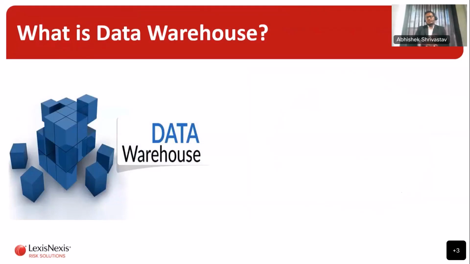Now coming to the actual definition: we have seen what data is all about, so what can a data warehouse be? Before the definition, I just want to take an example, the smartwatch, which most of you may be using. That device captures health information such as step count, BP information, and so on, on a day-to-day basis.